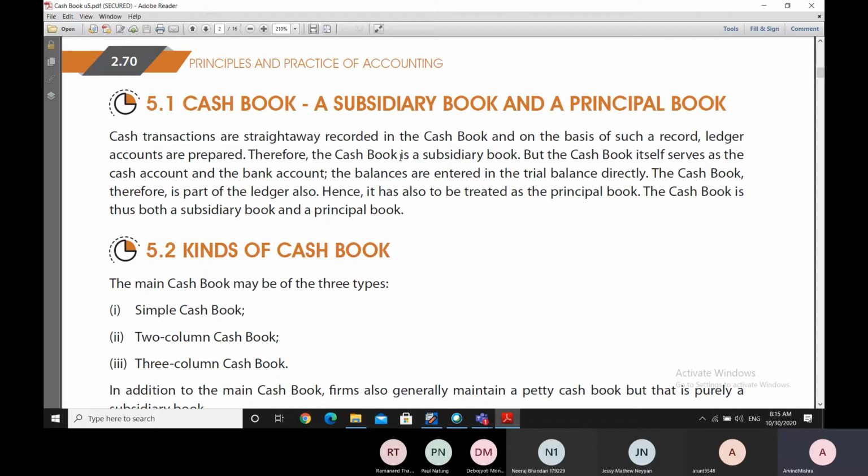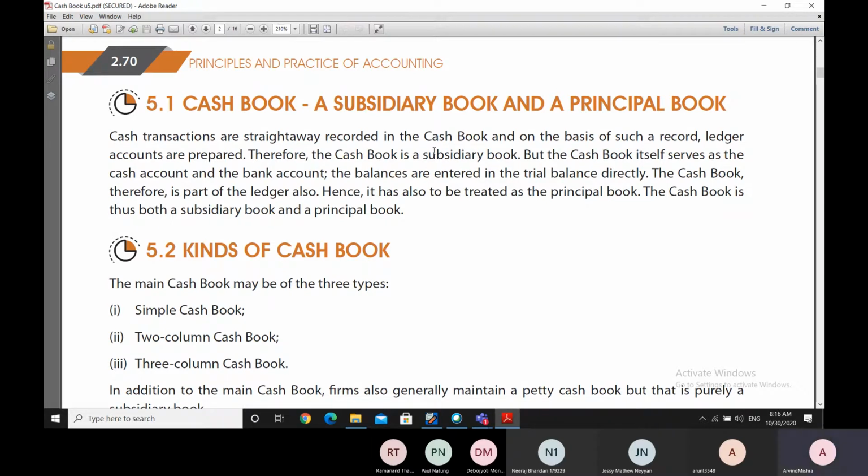we make that entry in that respective subsidiary book known by the name of purchase return register or return outward register, or sale return register, which is the return inward register, and of course the bill receivable register or the bills register, you can say. But when we make a cash transaction, we don't use those books.